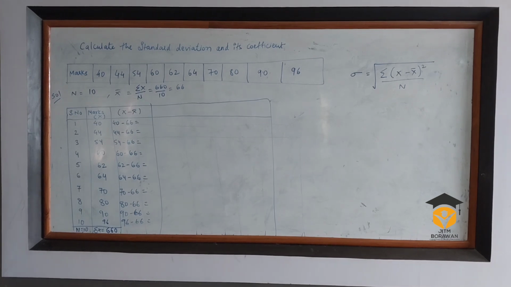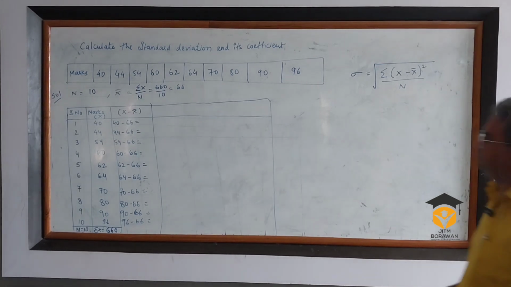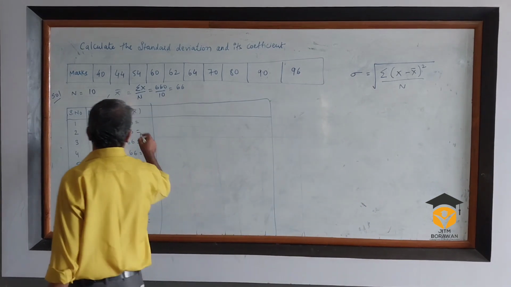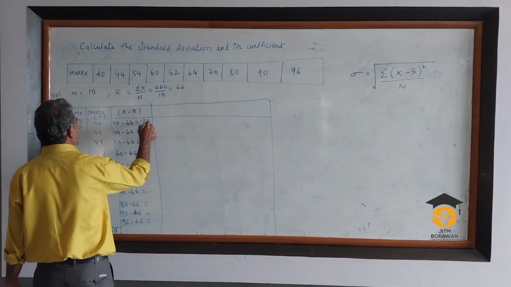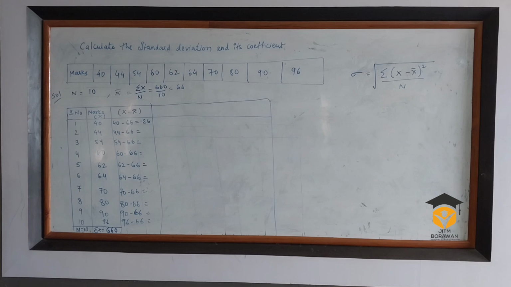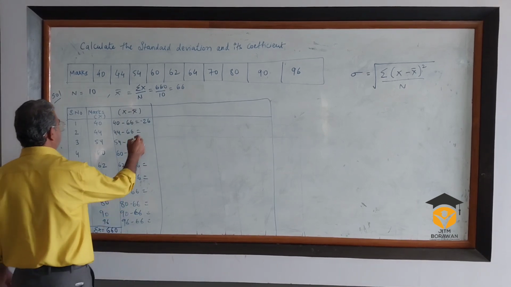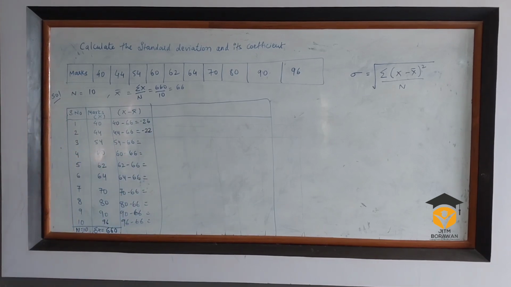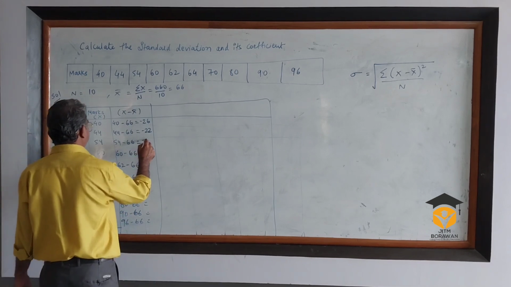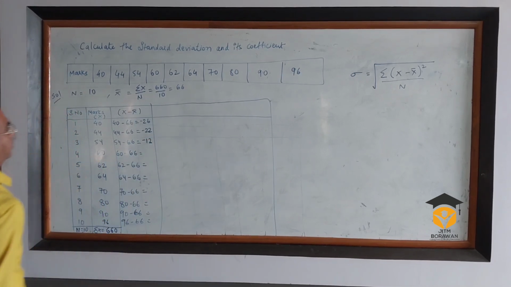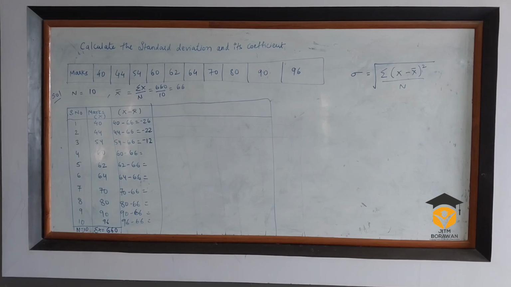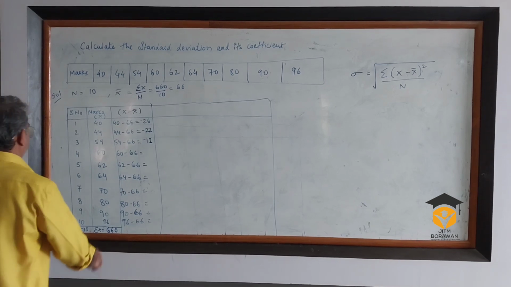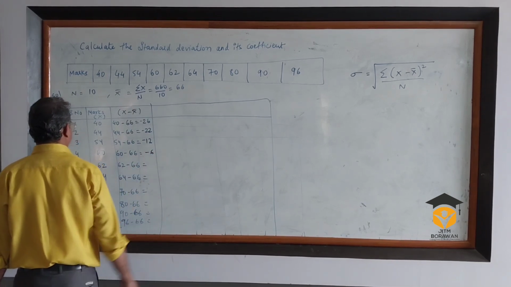So 40 minus 66, that is equal to minus 26. Then we have 44 minus 66, that is equal to minus 22. Then 54 minus 66, we have minus 12. Then we have minus 6 here.